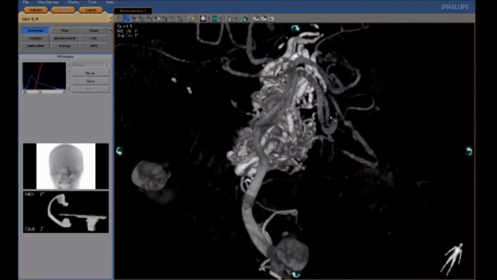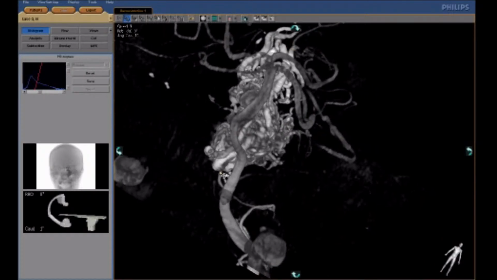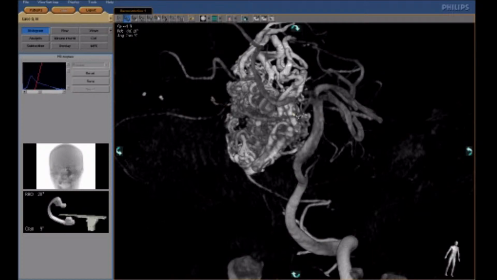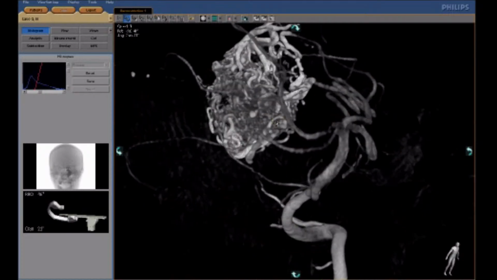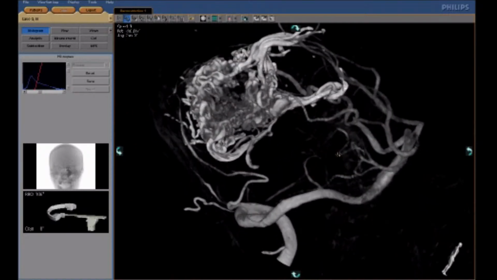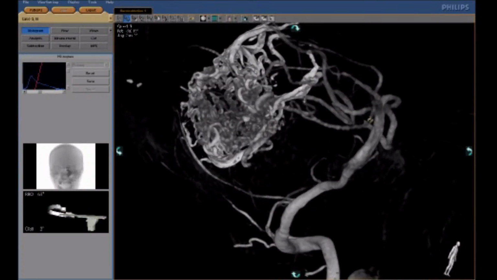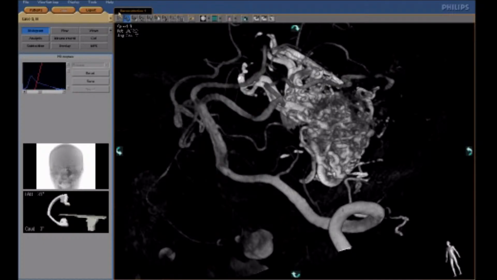And there is an enlarged posterior inferior cerebellar artery on the right side, and now I asked Rawan to go to the right side, and we will do super selective angiography from the posterior inferior cerebellar artery on the right side.